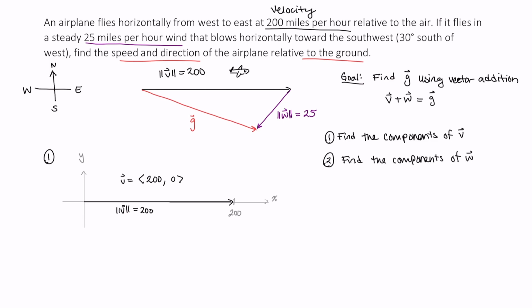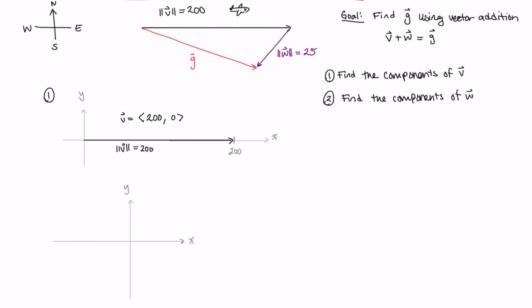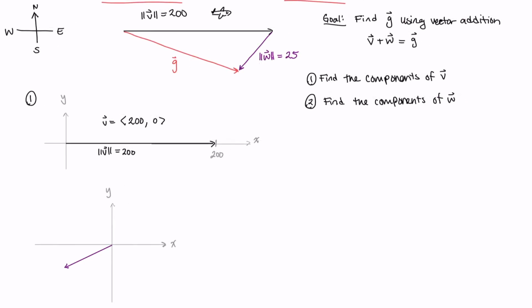For this one, I'm going to draw another axis. I'm going to do the same thing, placing this vector starting at the origin. My sketch was clearly off. This doesn't look like 30 degrees, so I'm going to quickly fix that. It really should be more like this.